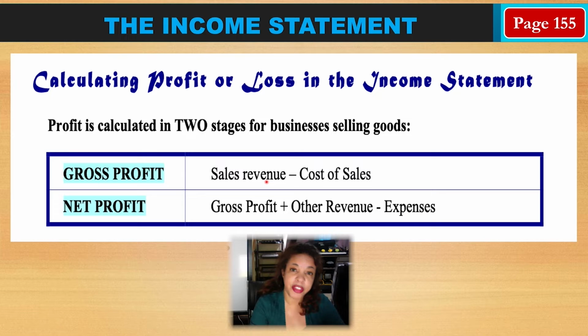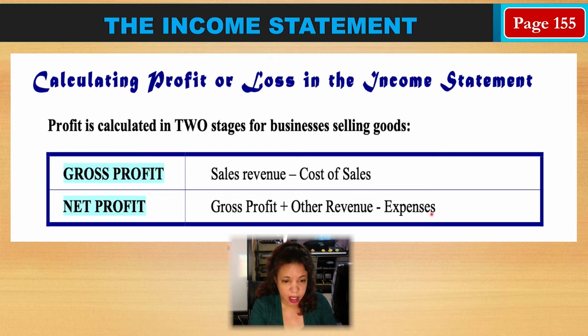So the other things that you happen to also get, like rent received, that will be added to your gross profit. In other words, the first stage only deals with the business revenue and then the cost of sales. The net profit, you're going to add whatever extra revenue there is, if there is any, and then you are going to minus your expenses.